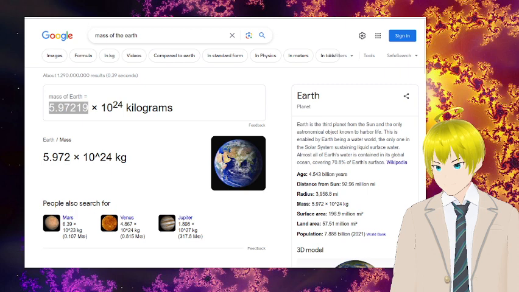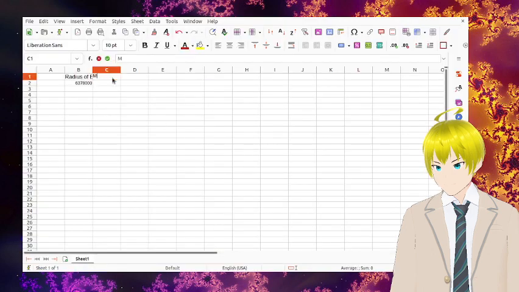So it's times 10 to the 24, right? Yeah. So, how do I put this? I guess I could go like x10. Okay, spreadsheet. Okay, mass of the Earth. I'm going to go times 10 to the 24th.